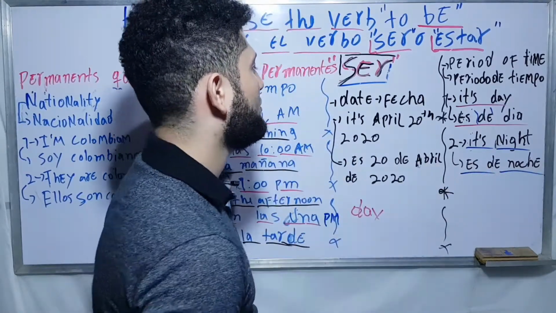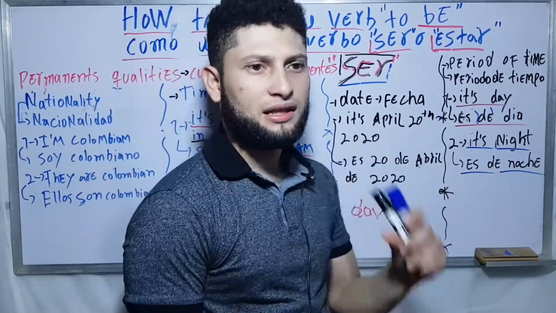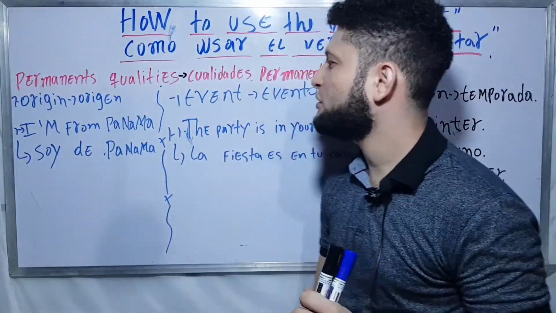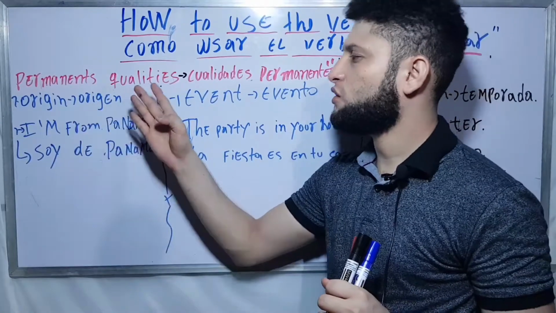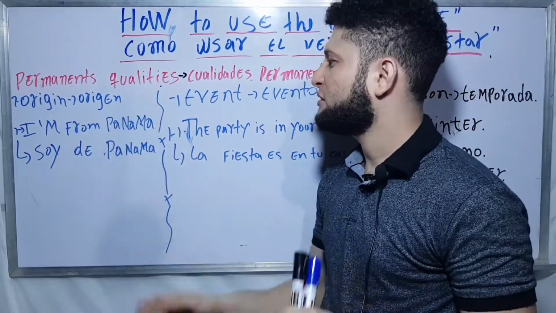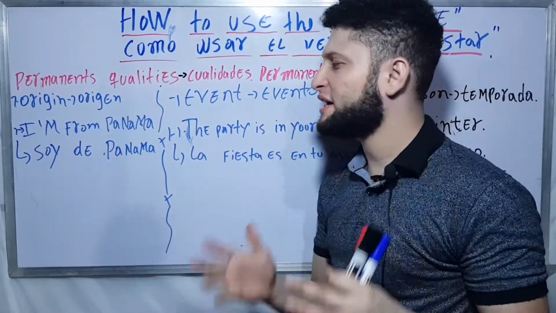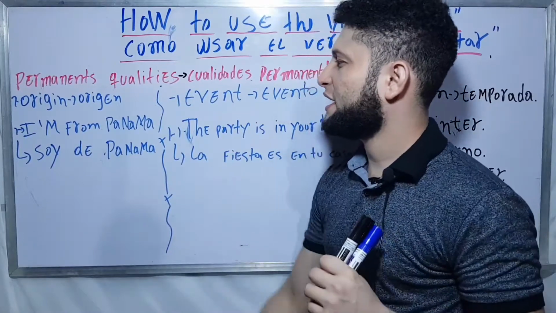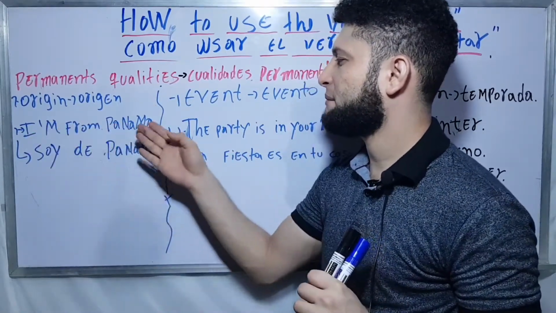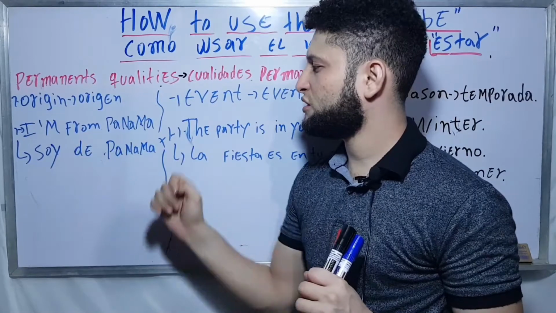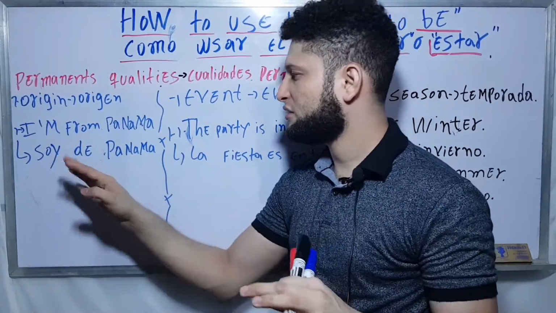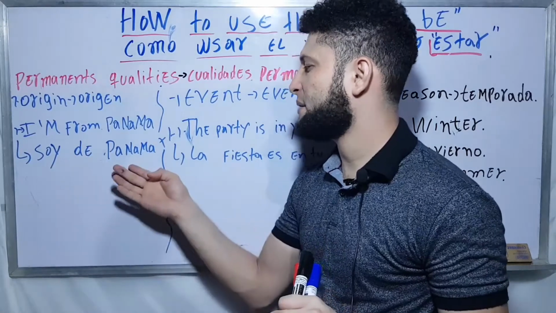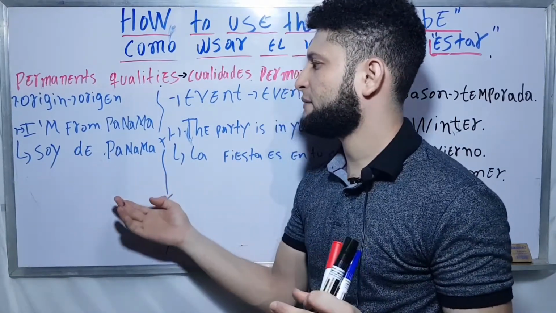Okay, now our three last ones. Now we will speak about origin. In Spanish, origen. For us to speak where you are from. I'm from Panama. Yo soy de Panamá, or as always, just soy de Panamá.